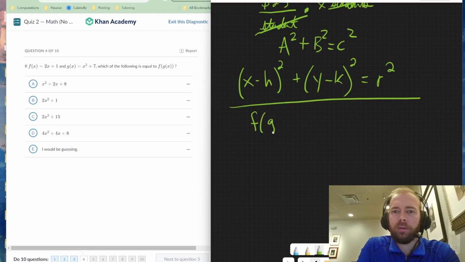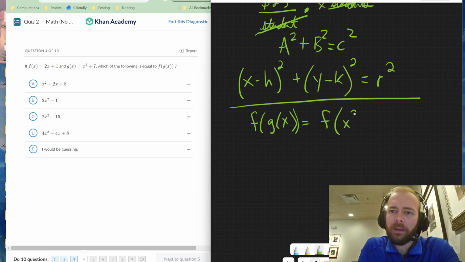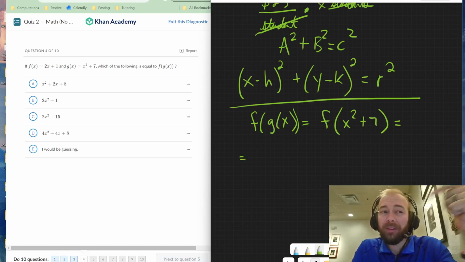If you're not familiar, f of g of x basically means f of, and then what is g of x? g of x is x squared plus 7. What is f of x? f of x is 2x plus 1.